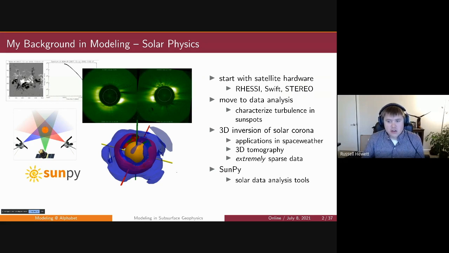There I worked on 3D inversion problems in the solar atmosphere. So in the context of useful things for space weather, with very large computational demands and extremely sparse data challenges for these problems. And on the side of that, I worked on, with a large number of people, a solar data analysis package in Python.